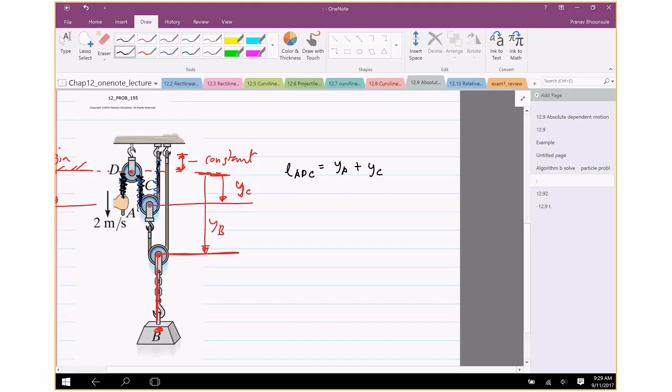Finally, I need to write the length of this part. What's this length? Yeah, it is YC. So let's differentiate this with respect to time.